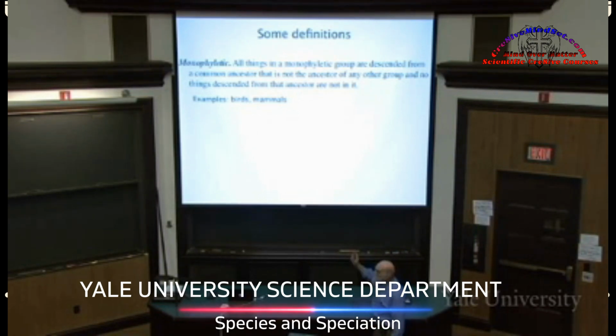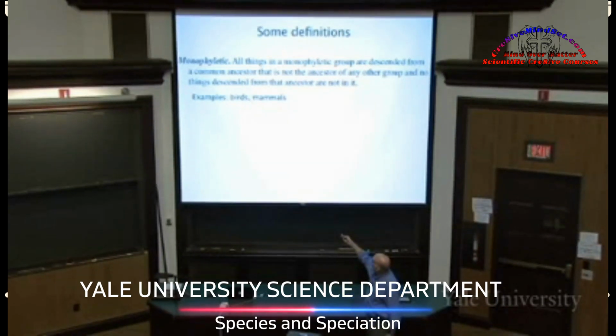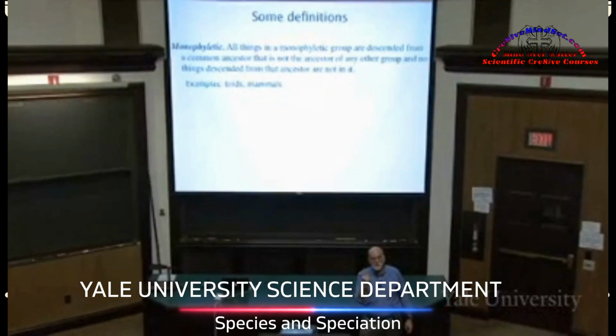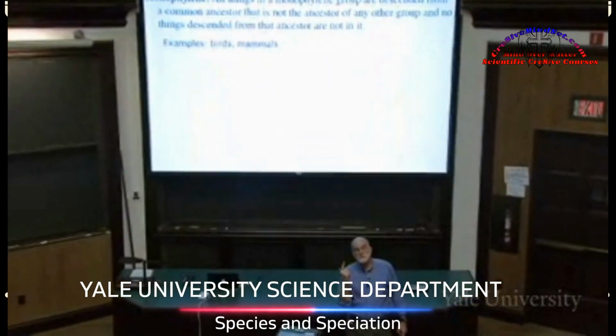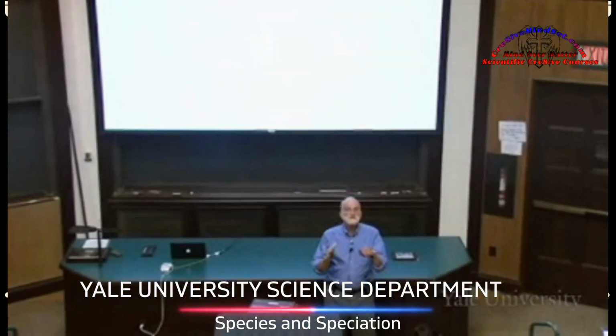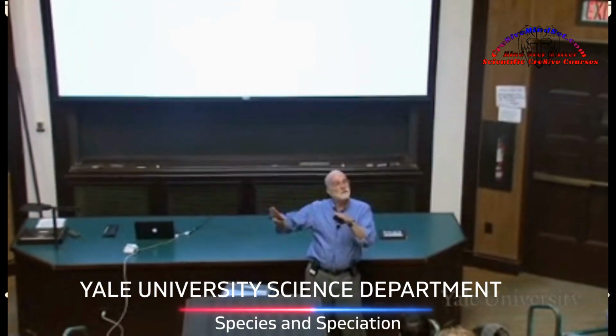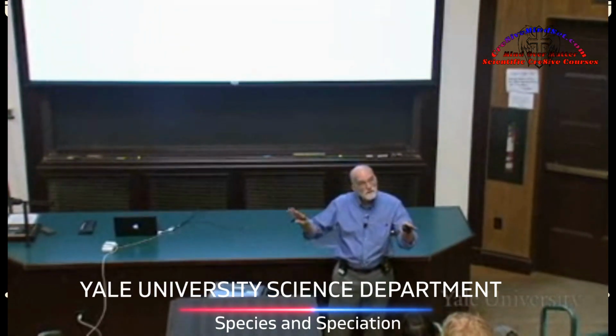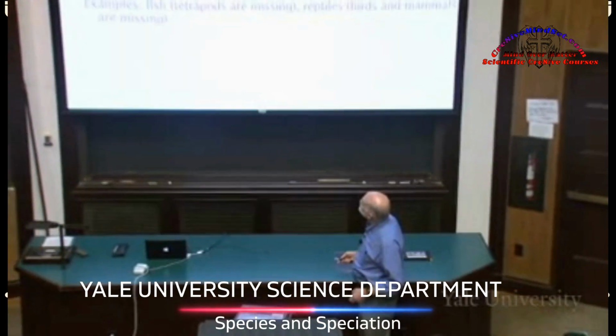So, birds all appear to have shared a common ancestor that split off from basically a group of dinosaurs back in the Cretaceous, possibly a little earlier in the Jurassic. Mammals all split off earlier from a group of organisms whose later descendants then included the dinosaurs, but also many other things in that grade.